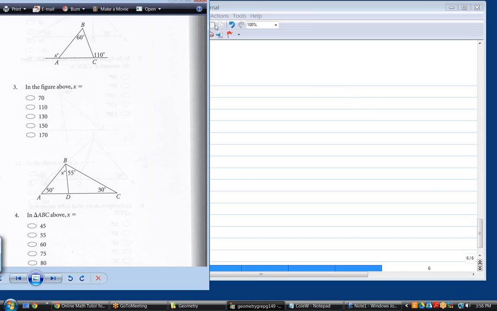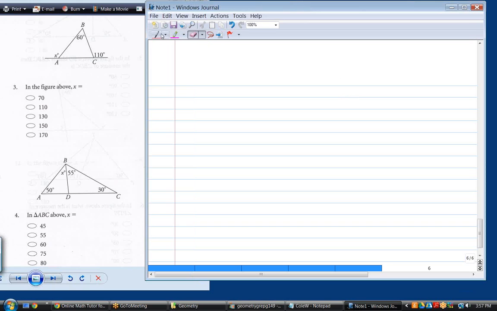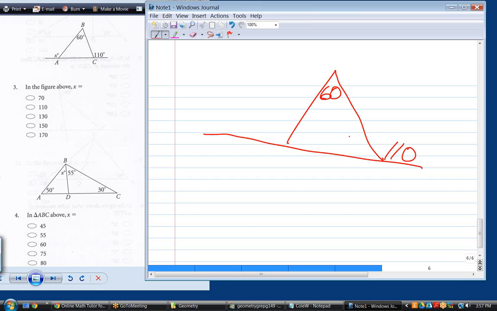Notice that if this is 110 and this is 60, this is 70 because these two are supplementary. This one has to be 50 because the sum of the angles has to add to 180.